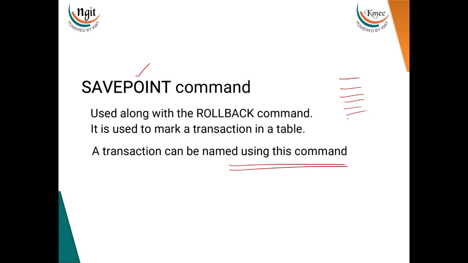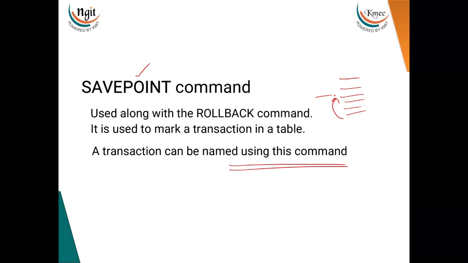Now I don't want the entire operations to be rolled back. To some point, I wanted to roll back the operations. So for that, you have to name the point to which you wanted to roll back the transactions. That naming can be given with the save point along with the rollback command.